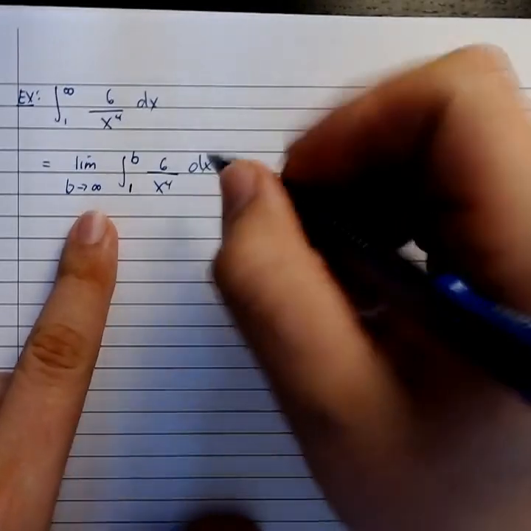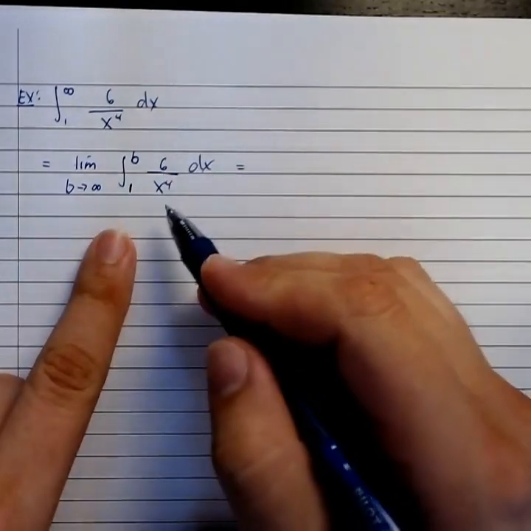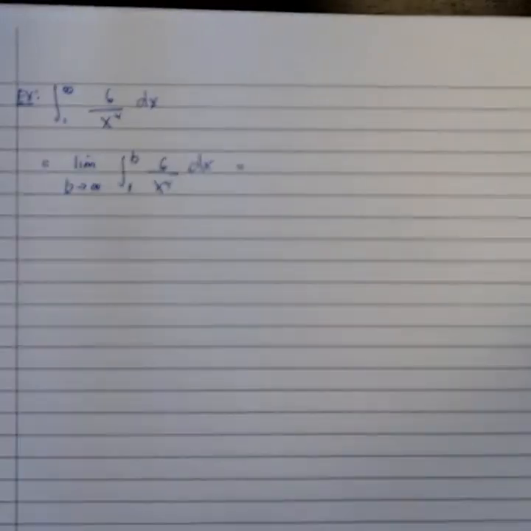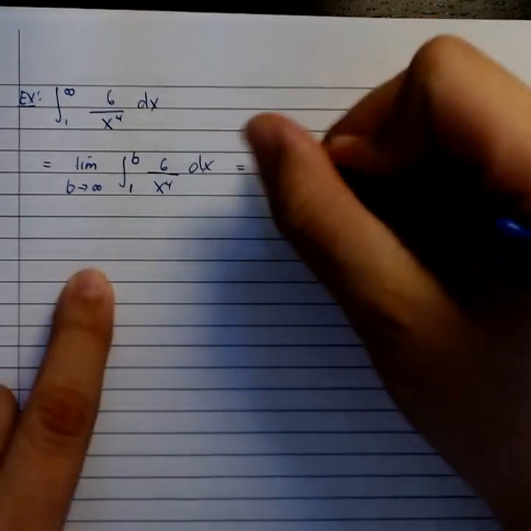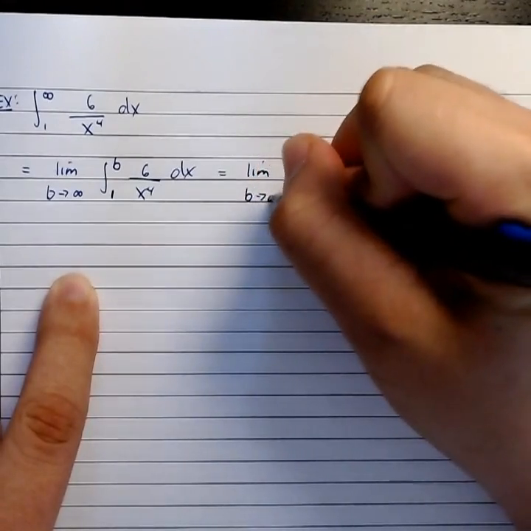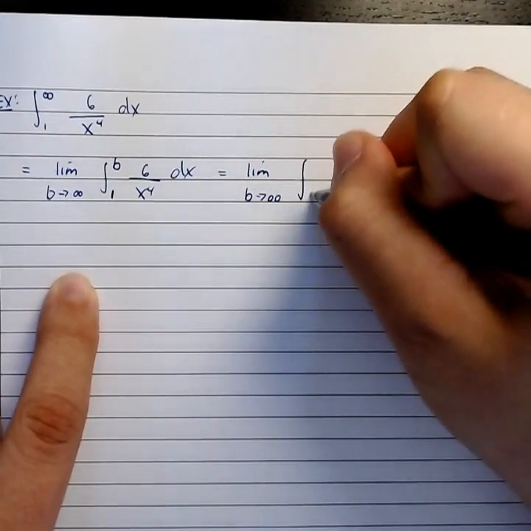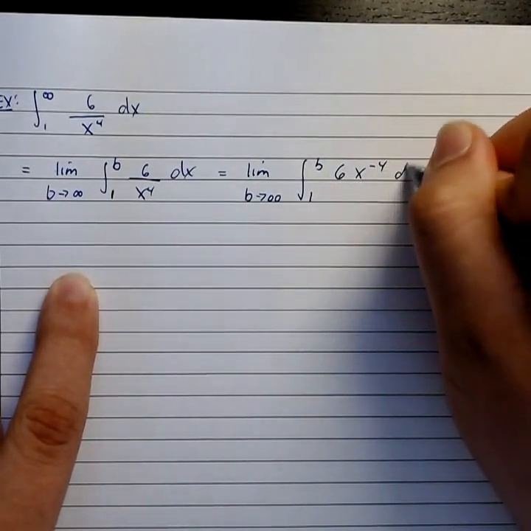So here we can go ahead and use the fundamental theorem on this part, and that tells us that we can take an antiderivative and then evaluate it at the endpoints. So here, just for my convenience, I can write this as the limit as b approaches infinity of the integral from 1 to b of 6x to the minus 4th dx.